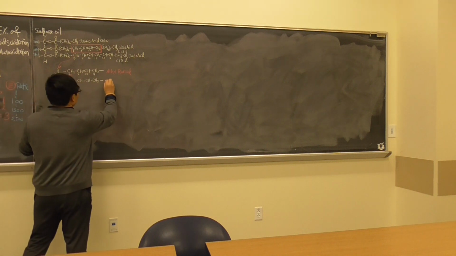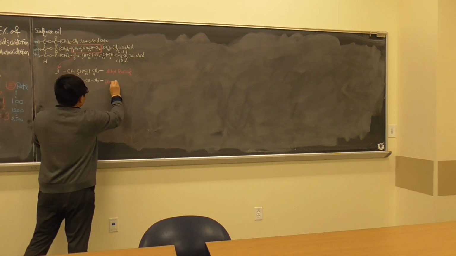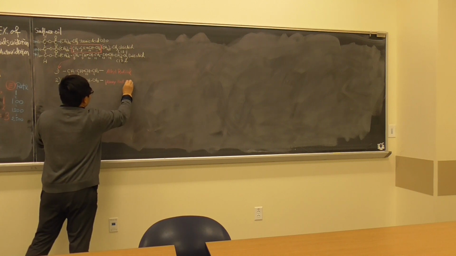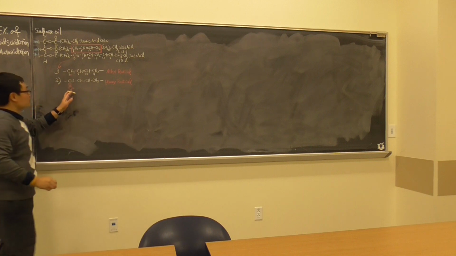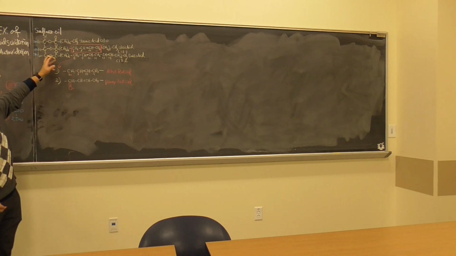This is what we call a peroxy radical. Okay, this peroxy radical is very energetic. It can be used as an oxidant to react with another side chain of the triglyceride.